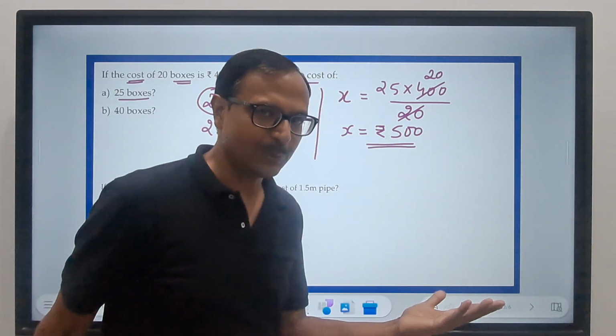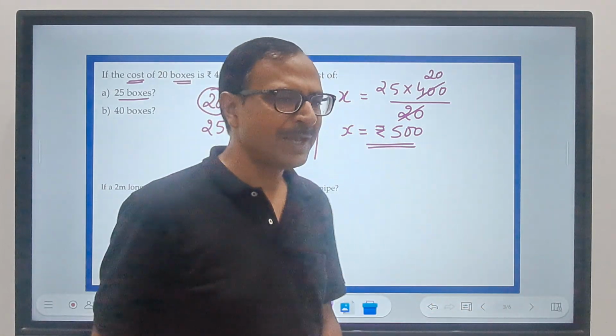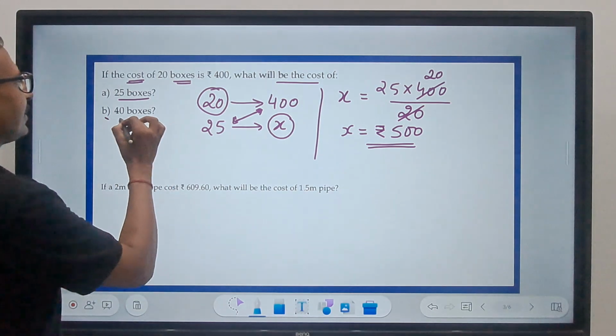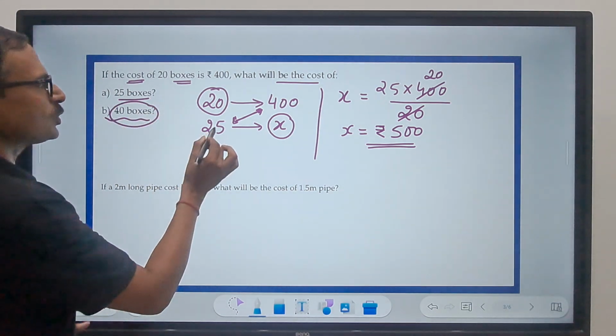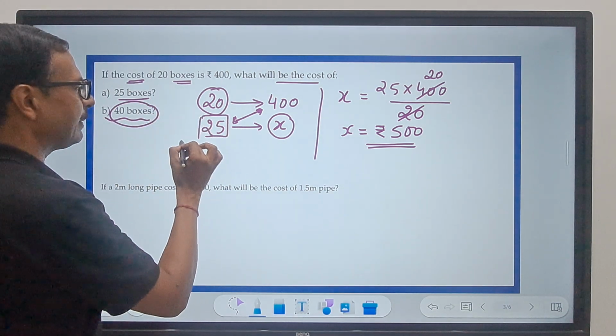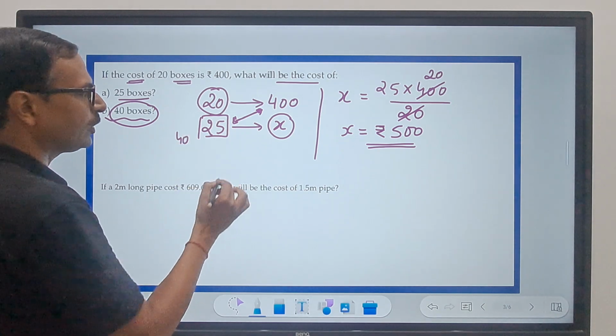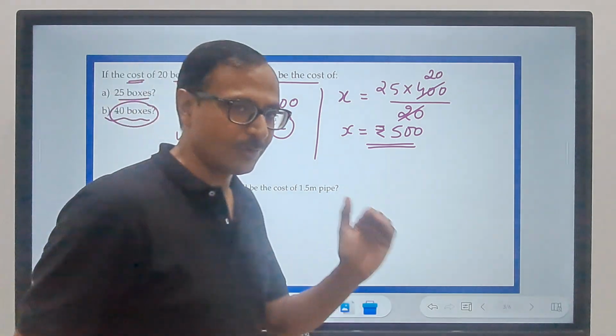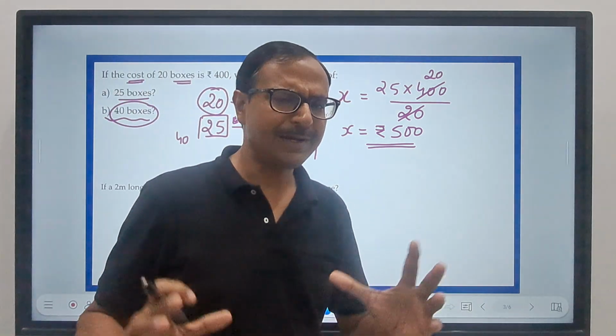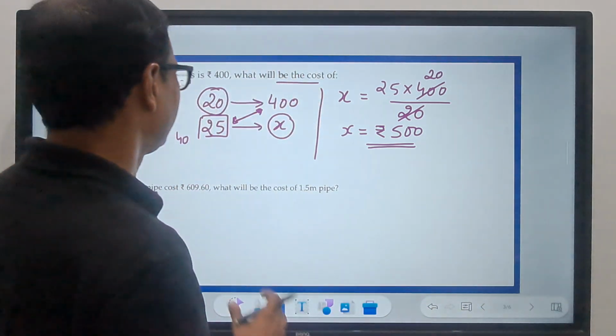And that is the answer for the question. Pretty easy, right? Now in the second part, he asks us the cost of 40 boxes. So in place of this 25, you can replace it by 40, and let me know in the comments below what will be the answer for the second part. It is very easy.